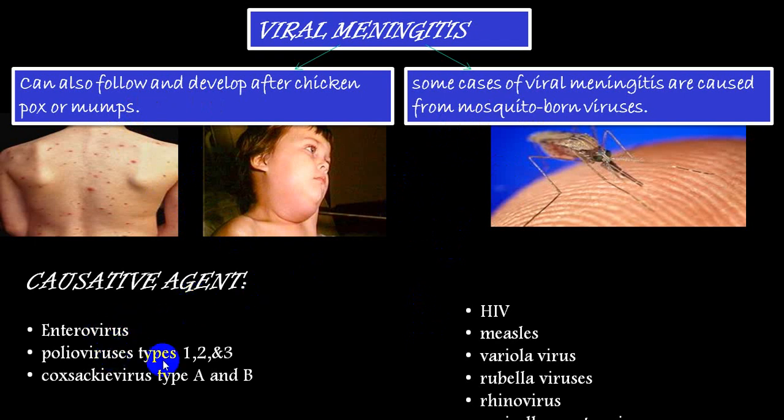Another common is poliovirus, which can be type 1, type 2 or type 3, and another is Coxsackie virus type A and type B. You can also have HIV involved meningitis, measles, variola, rubella, rhinovirus, and varicella zoster virus can involve meninges.